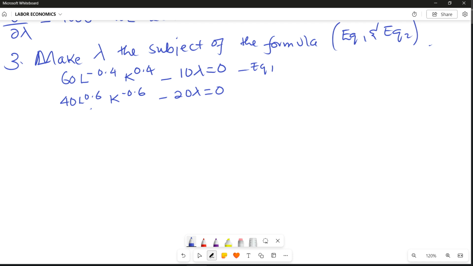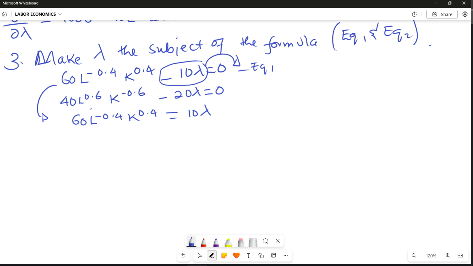Now from equation 1 there, we're just using algebra. We're going to take this minus 10 lambda to the other side. Remember, our target now is to make lambda the subject of the formula. So from equation 1, this will be 60L to the power minus 0.4 capital to the power 0.4 is equal to 10 lambda. Then divide throughout by 10, so that we isolate lambda, let lambda be alone.